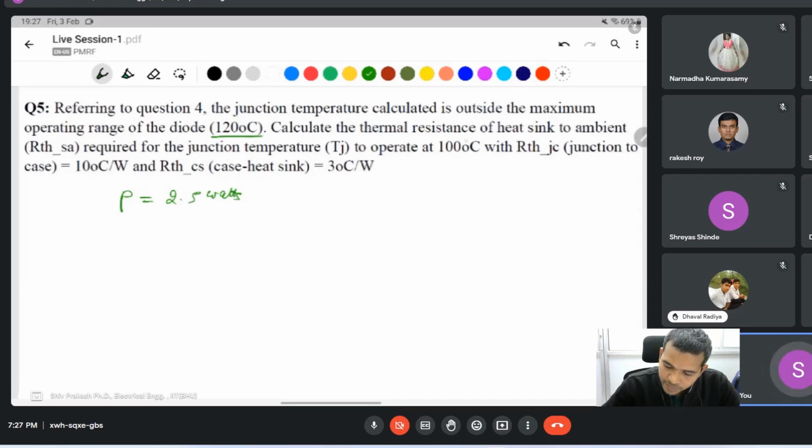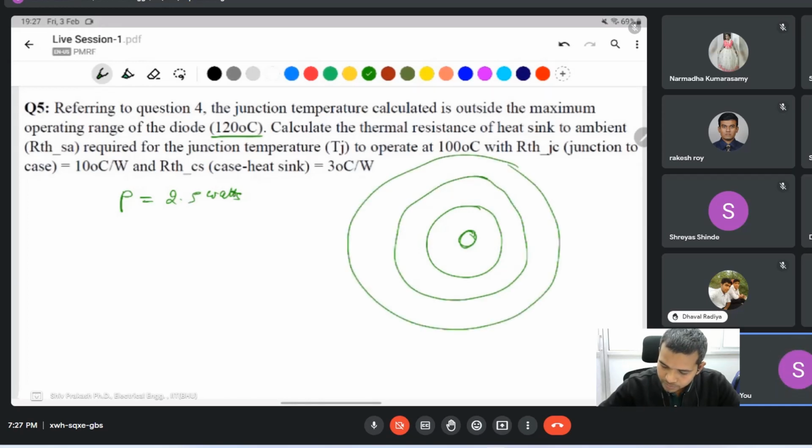Calculate the thermal resistance of the heat sink to ambient.